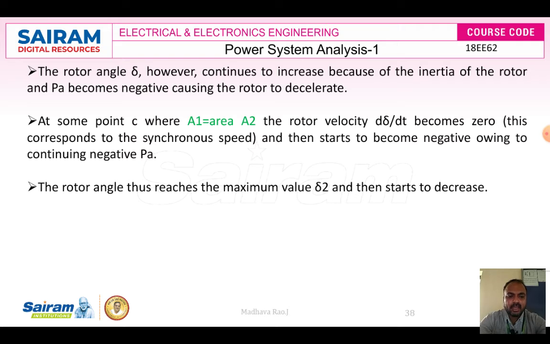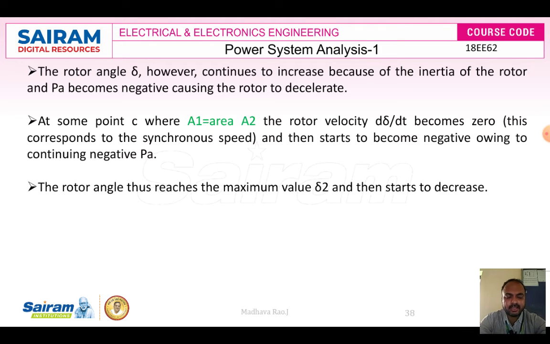The rotor angle delta continues to increase when the mechanical power increases and the electrical power increases. Also, because of the inertia of the rotor, the rotor angle keeps increasing and PA becomes negative, causing the rotor to decelerate.